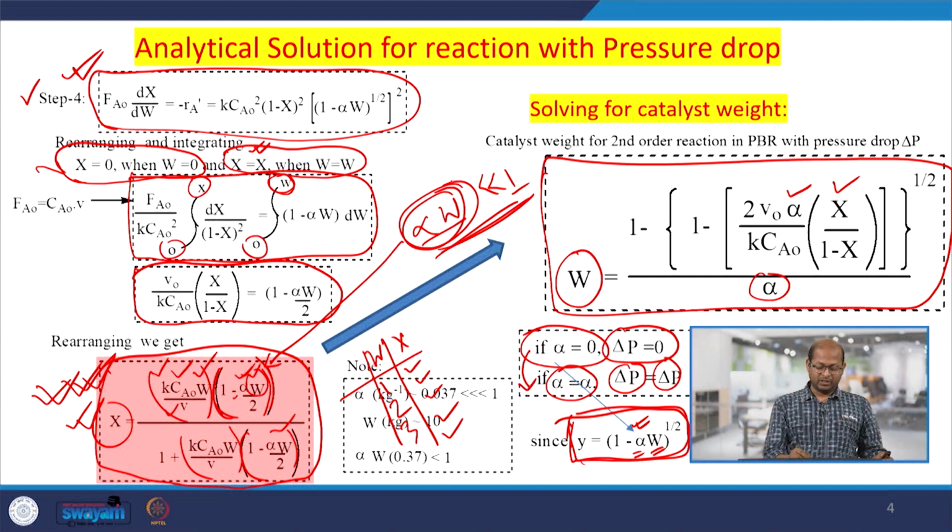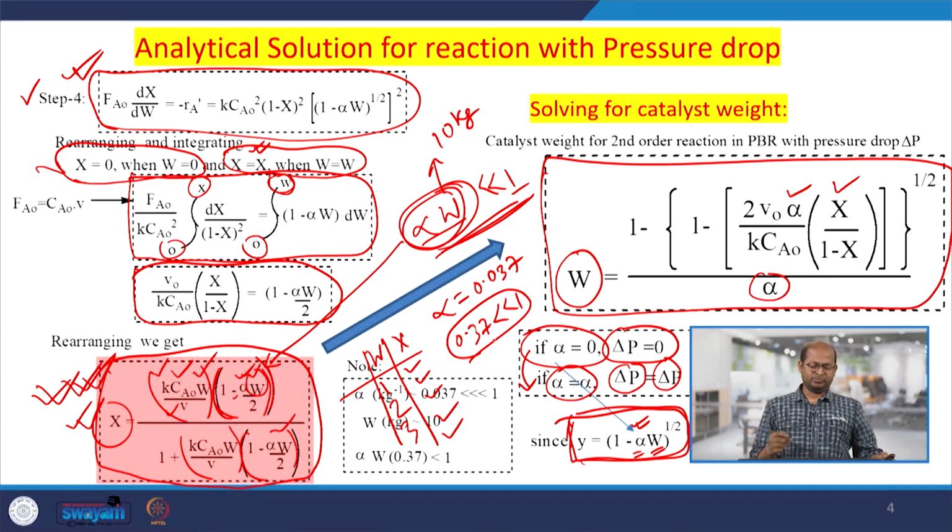Let us say W equals 10 kg of catalyst, and alpha equals 0.037, then the product would be 0.37, which is always less than 1. We have to keep that in mind. Whenever we put a particular value, we should look at the product, and when doing the calculations we should keep in mind that the product should be less than 1.